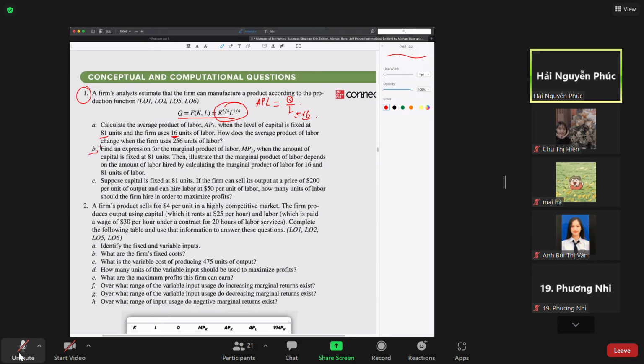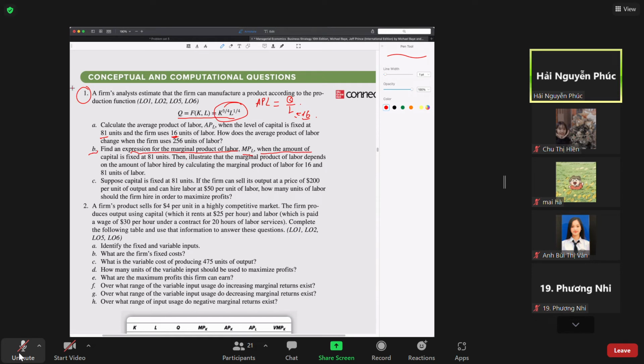Now, if you take a look at question B, what is included in question B? They ask you to find the expression for the marginal product of labor, MPL. The amount of capital is fixed. So what do they mean?